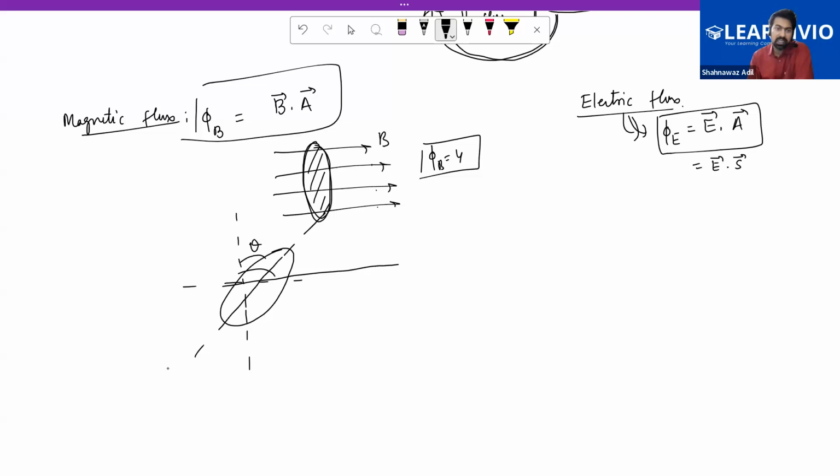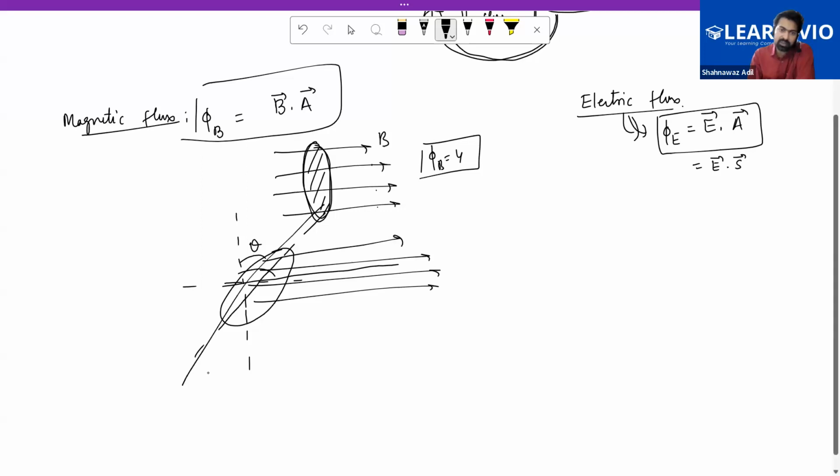Then what is the angle that we have to take? The normal vector would be this. And let's say the magnetic field is passing through this area as this one.